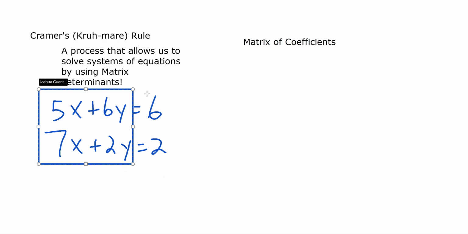You're not looking at this thing. This is called the answers column. And you're going to make a matrix out of that: 5, 6, written in the exact same order you see. So you need to make sure your system of equations are written with the x's first, then the y's, then if there's any z's, x's, then the y's, then the z's. So this matrix is going to be 5, 6. It's just the coefficients. 7, 2.